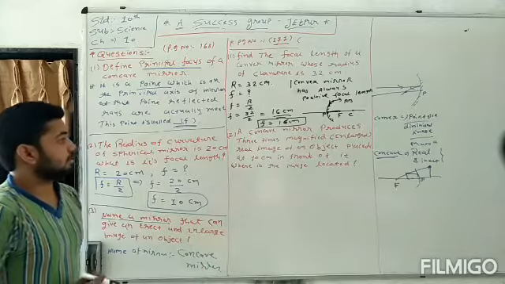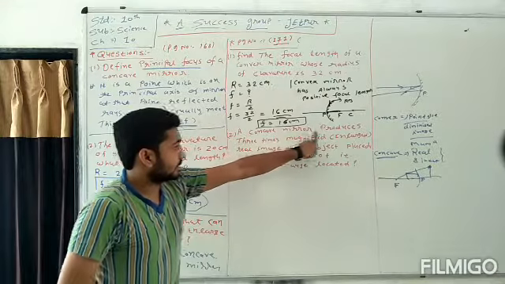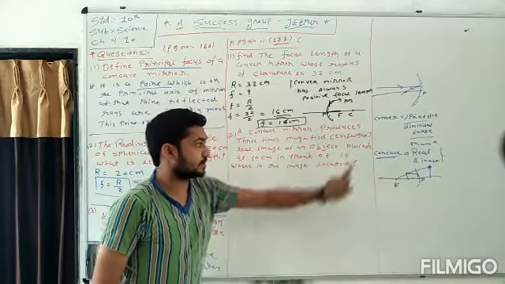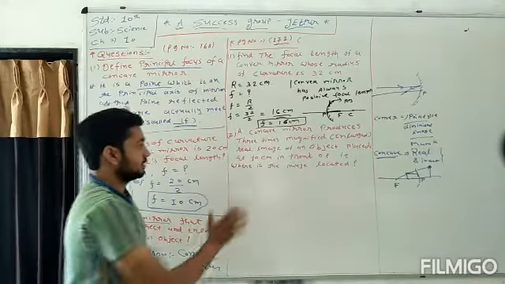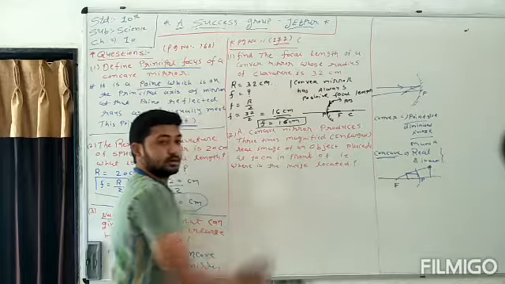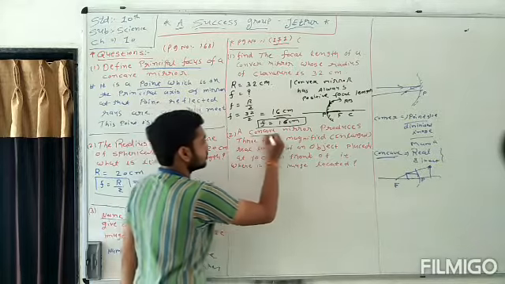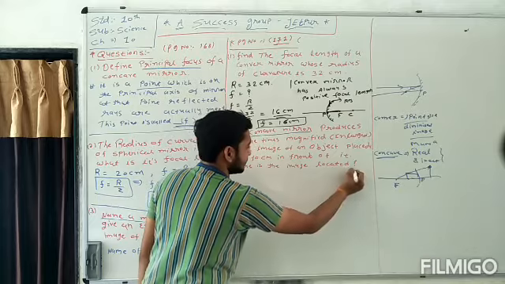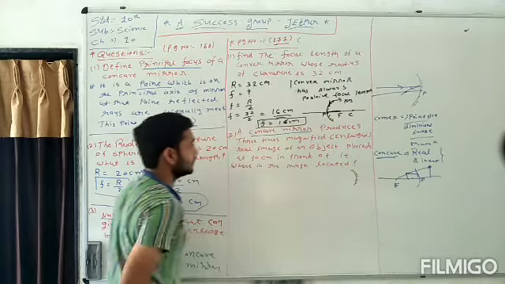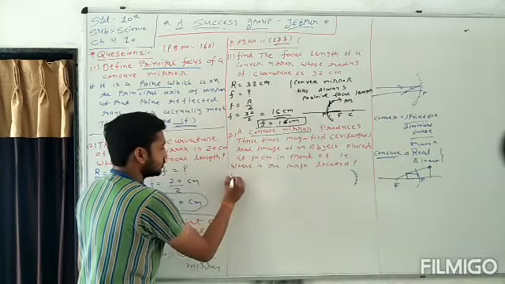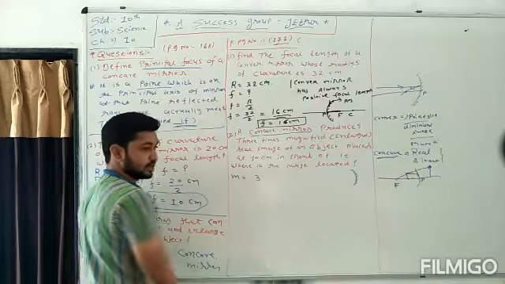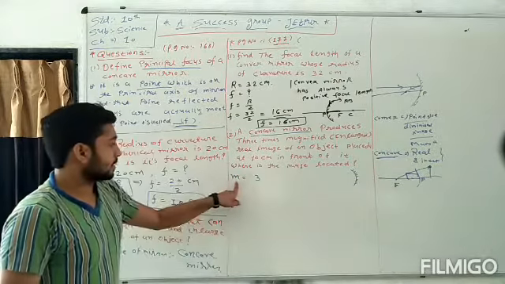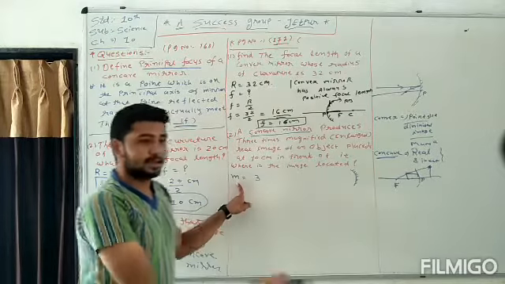Now next question. Concave mirror produces 3 times magnified enlarged real image. First we use concave mirror, it means this type of mirror. 3 times magnified, so magnification is 3, and magnification has no unit because it is a ratio.